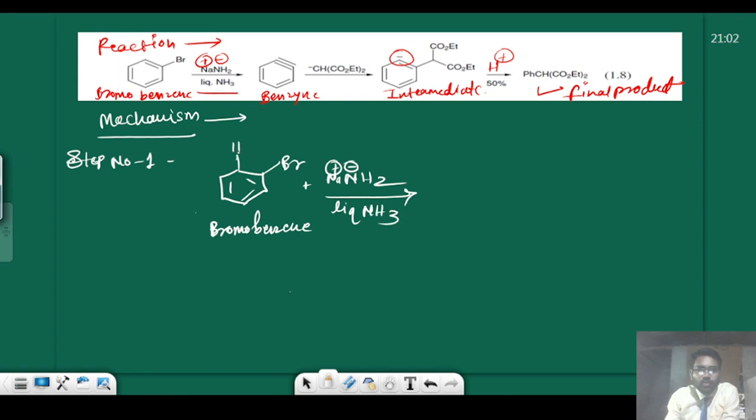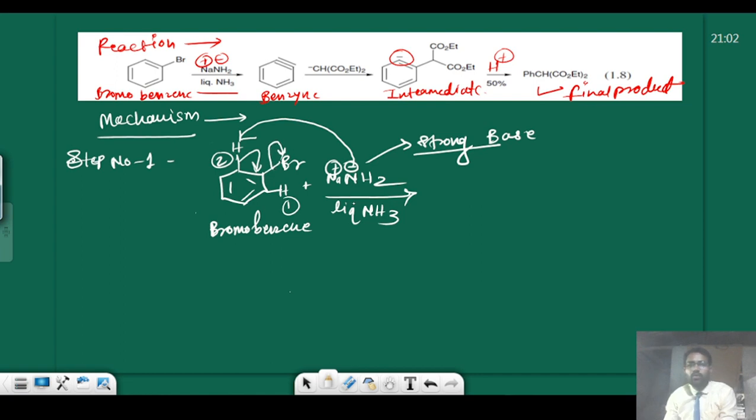It will abstract a proton from this side or this side. We did not do isotopic labeling, so randomly we can pick any proton. So it will abstract a proton, and it will form one pi bond, and at the same time this bromine will leave with the bonding electrons. Bromide will leave from the reaction.